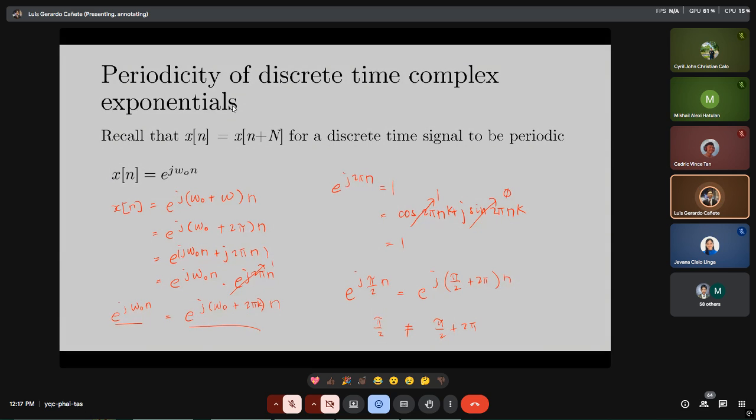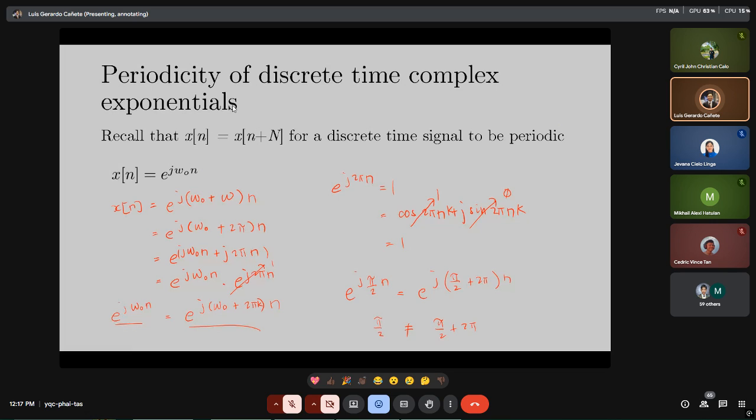In the discrete time case, increasing the value of the frequency omega would not continuously give you different signals, the frequencies would not just get faster and faster. Eventually, you're going to roll back to 2 pi. And once you get to 2 pi, you go back to the original signal that you had.